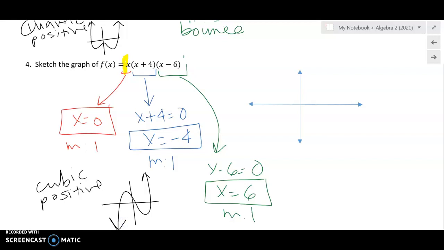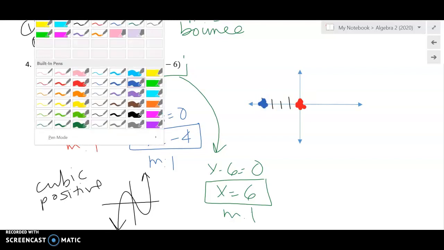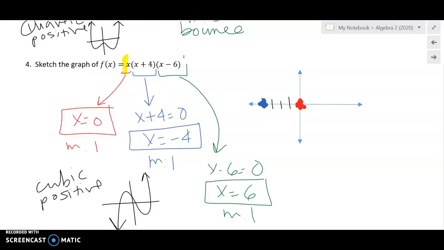Again, I'm going to mimic that shape. I need to put these solutions on. So my first solution, again, let's do a red dot at 0. My next solution is at -4: 1, 2, 3, 4. I'm going to put a giant blue dot. And then my last one is at 6 and the positive: 1, 2, 3, 4, 5, 6.